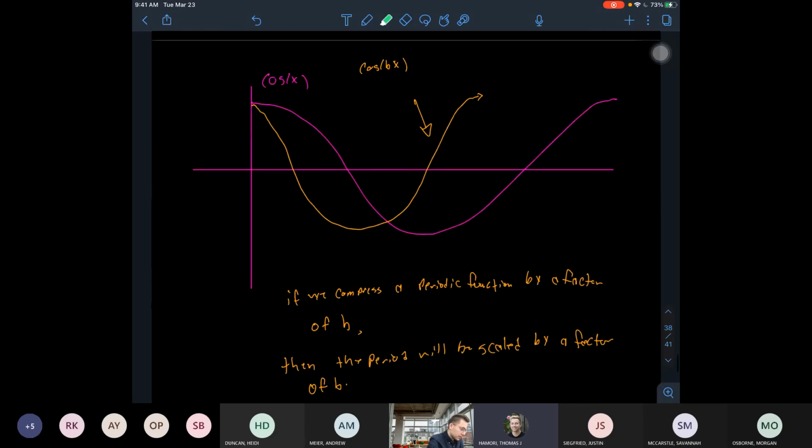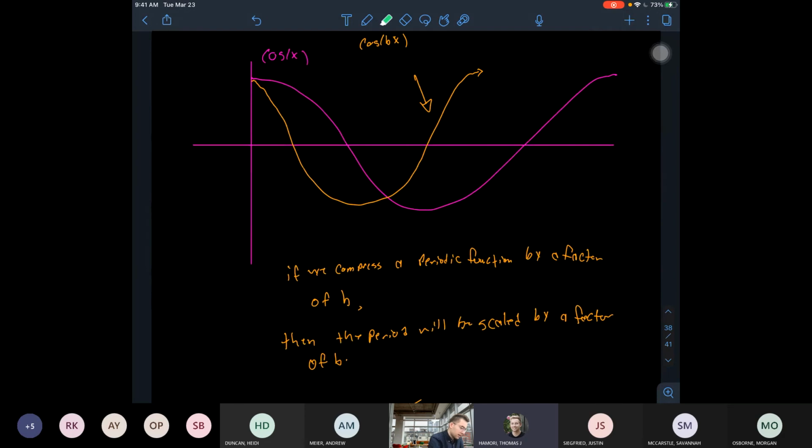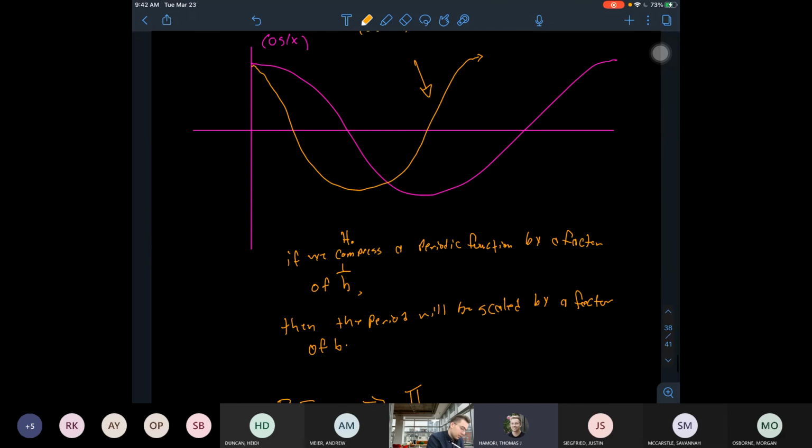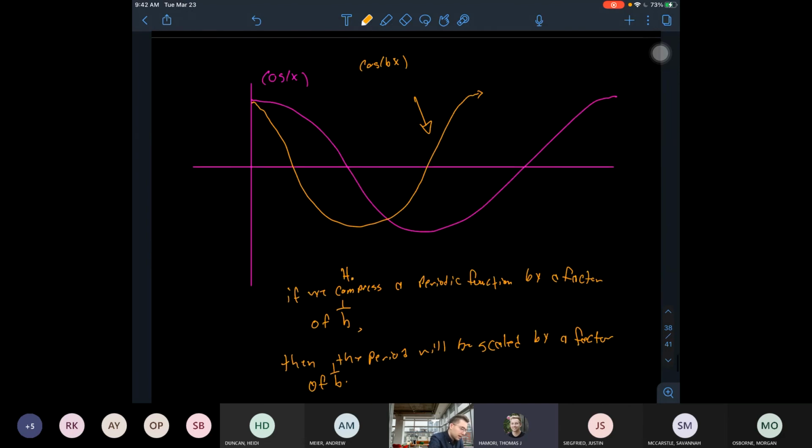Okay, I shouldn't have said this. This should be a horizontal compression of a periodic function by a factor of 1 over B. The period will be scaled by a factor of 1 over B. Sorry. That comes from the fact that the B is on the inside.